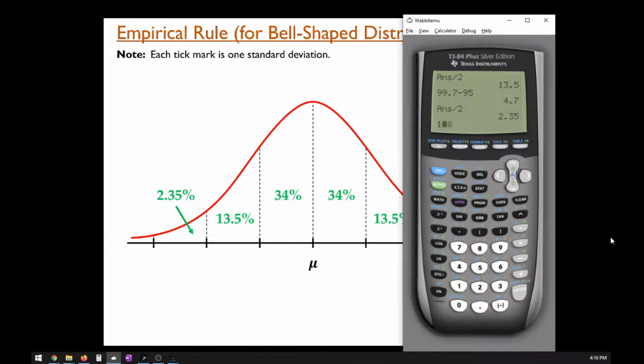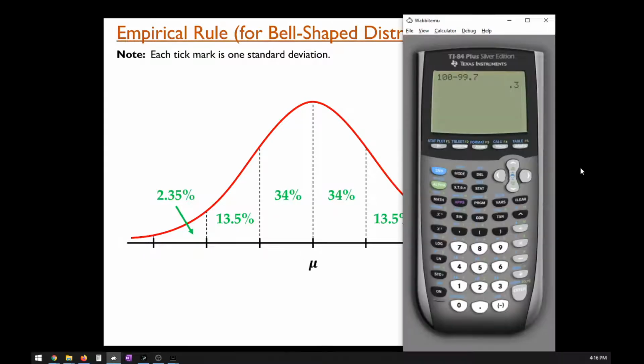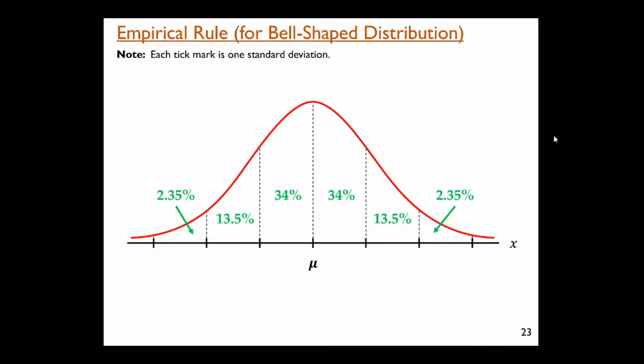So we go 100% minus 99.7, and we get that this tail and this tail combined are the remaining 0.3%. If we divide by 2, we get that this part right here is 0.15%, and this part right here is 0.15%.